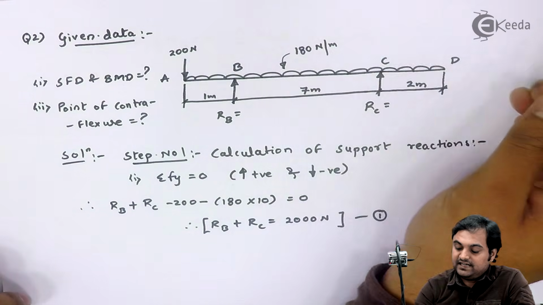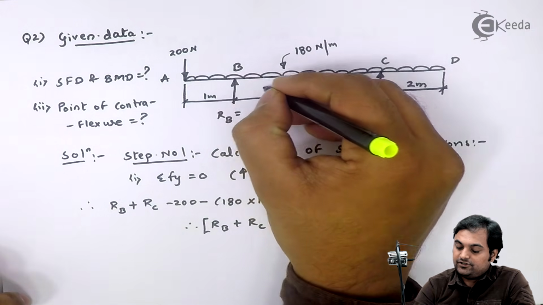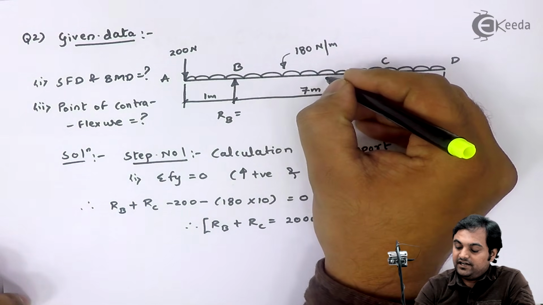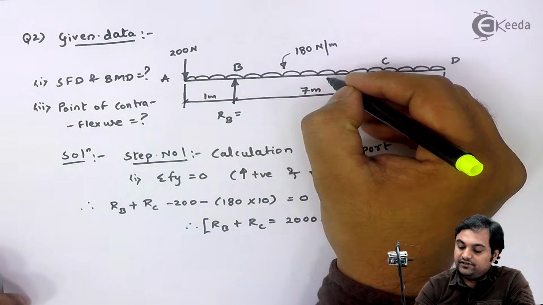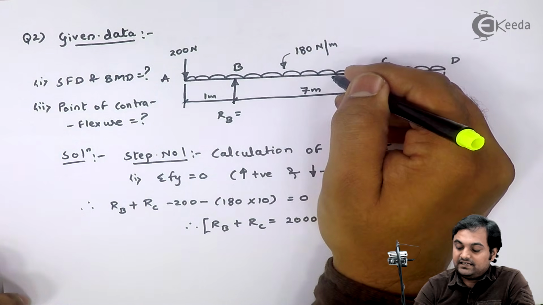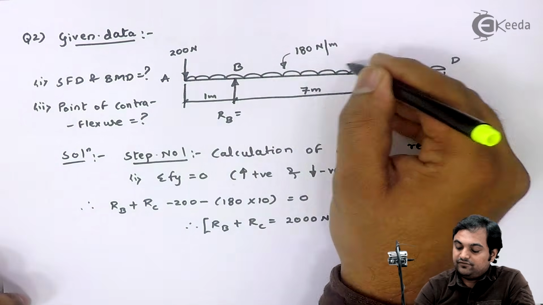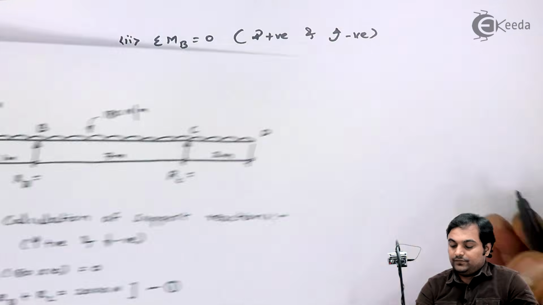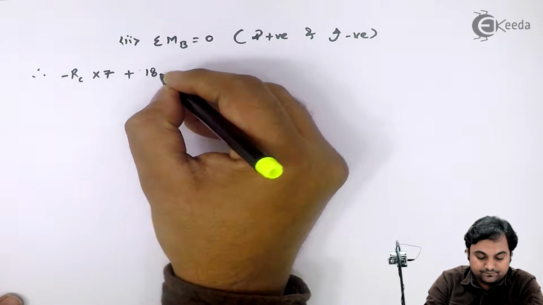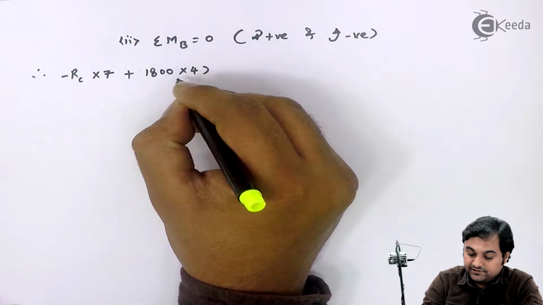So if I take exactly 5 meters, this will be 1 plus 3.5, that is the half of 7, 3.5, and just ahead of it, that is 4. So the distance would be exactly at half, that is at 5 meters. So here I have 1 plus 4, that would be 4 meters from B. So plus 180, that is 1800 into 4 meters.